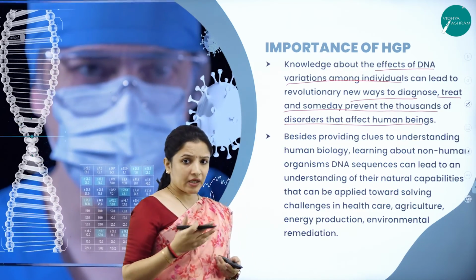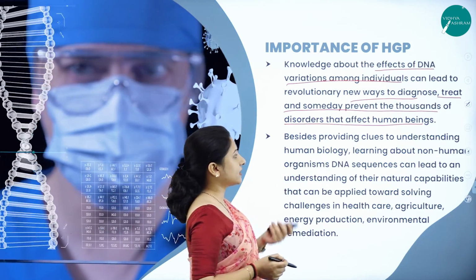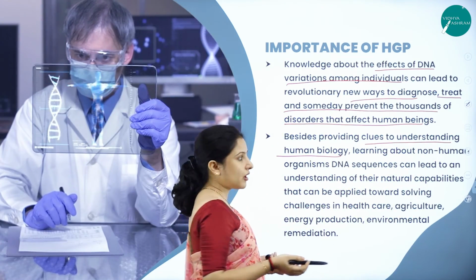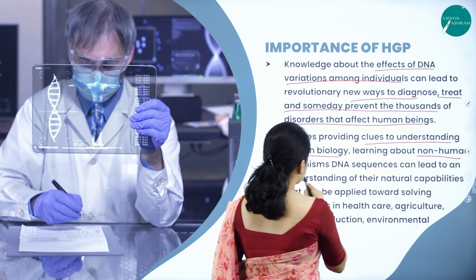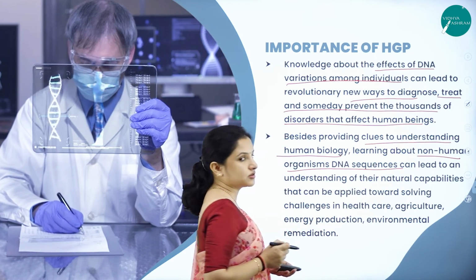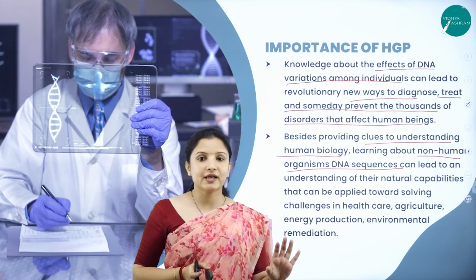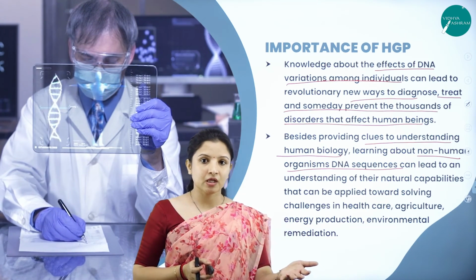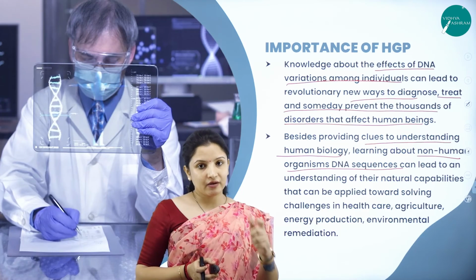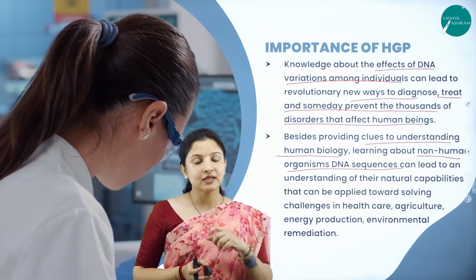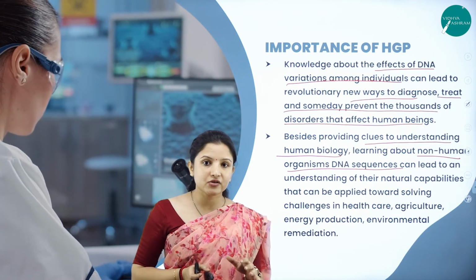And apart from providing clues to understand human biology, they also help in learning about non-human organisms' DNA sequences. Easy example, I'll just take a monkey or a rat. Whenever any study has to be conducted for human beings, a rat is used as a laboratory tool, right?